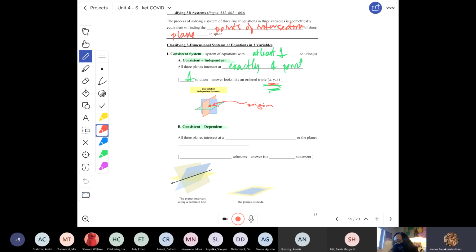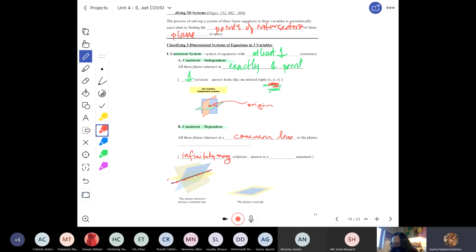Now, you can also be consistent dependent. What does it mean to be consistent dependent? Well, they have infinitely many solutions. And we can say that all 3 planes intersect either in a common line, because we know there are infinitely many points on a line.